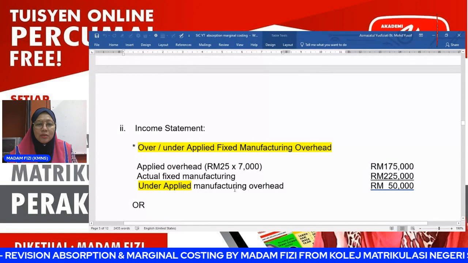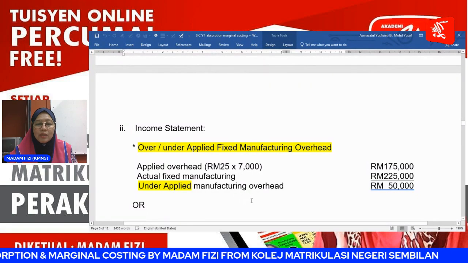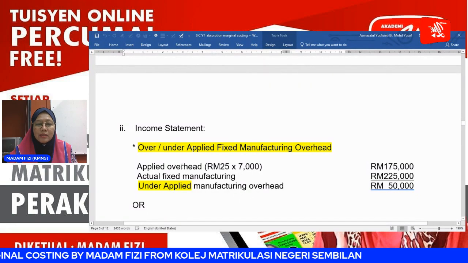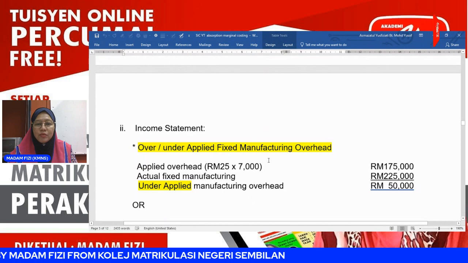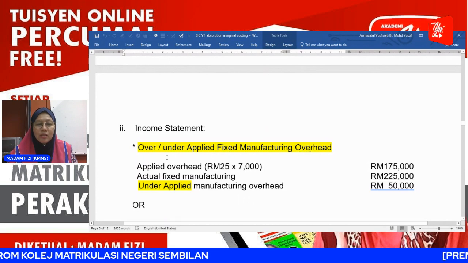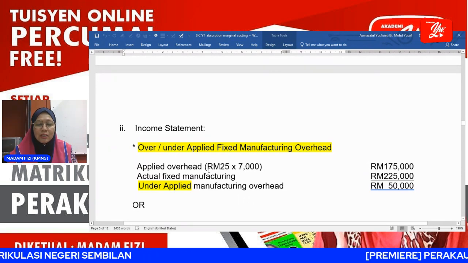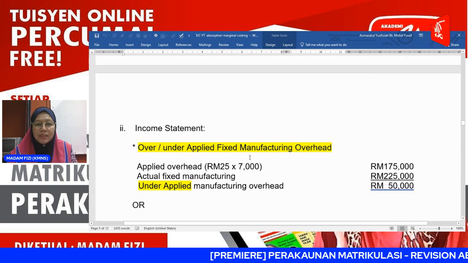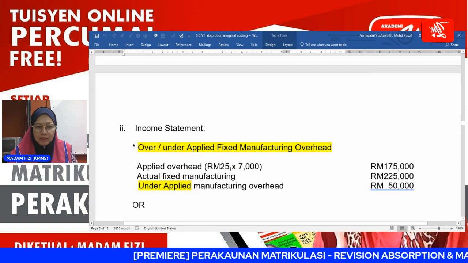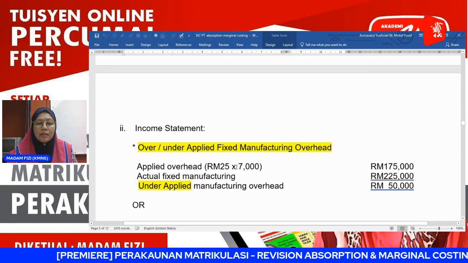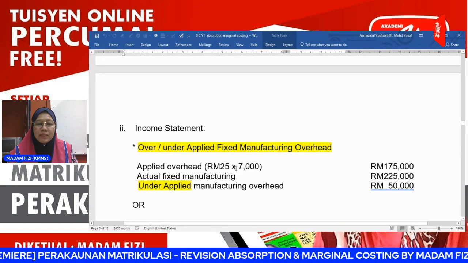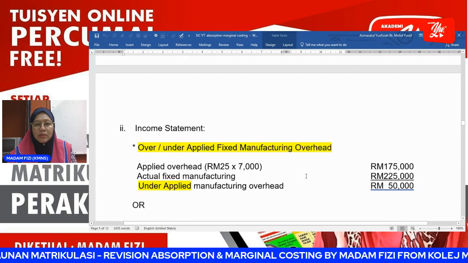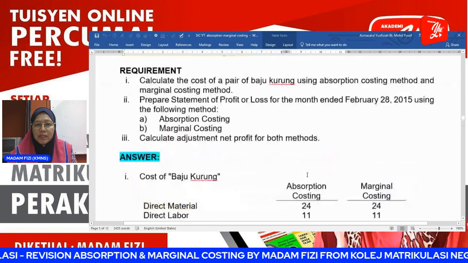First of all, you calculate the applied overhead of fixed manufacturing overhead. At the question, the fixed manufacturing overhead that madam highlighted is RM25, and then you multiply with the actual. Take a look at the question, what is the actual?